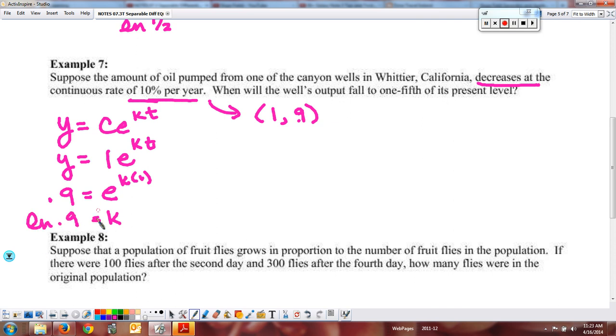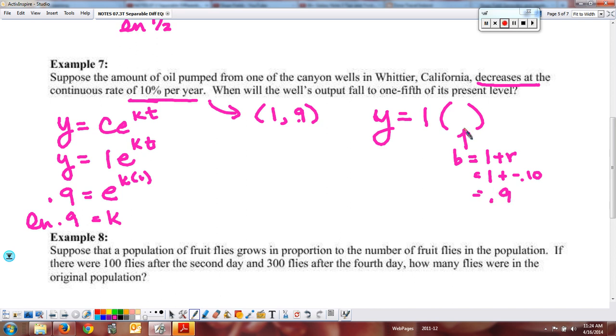Now you don't even need to go through this part of it, because if you think about your Algebra 2 and pre-calculus, and we did this back in trig, you can basically go, hey, I started with 100%, and my base is going to be how much I'm losing. My continuous rate is 10% per year. The base of your exponential function is equal to 1 plus your r. And your r in this case is negative 0.1, because I decreased by 10%, which is going to give me a base of 0.9.